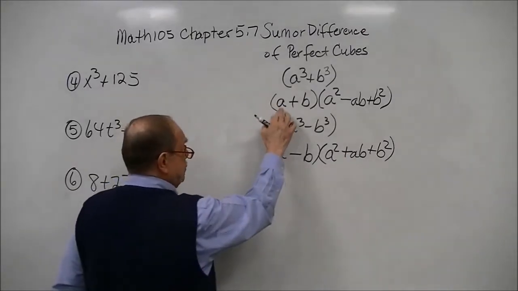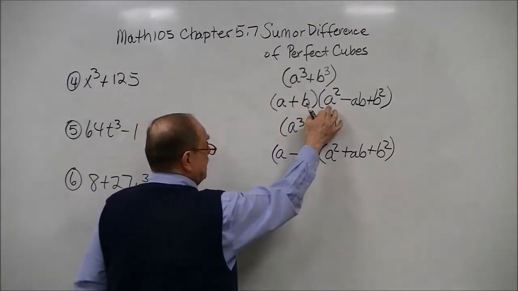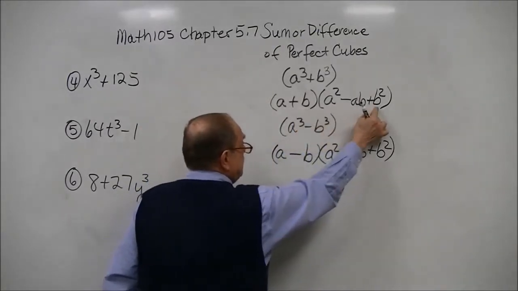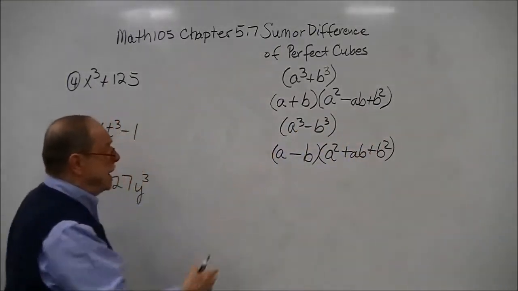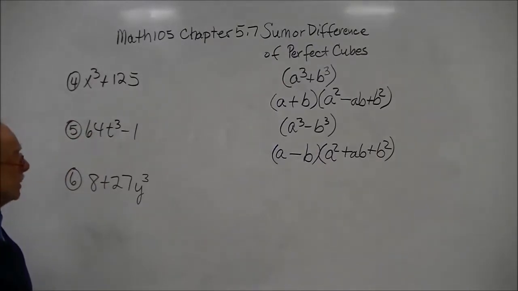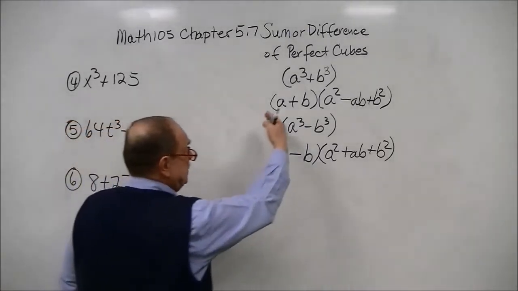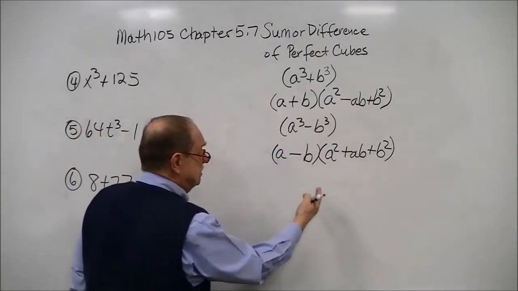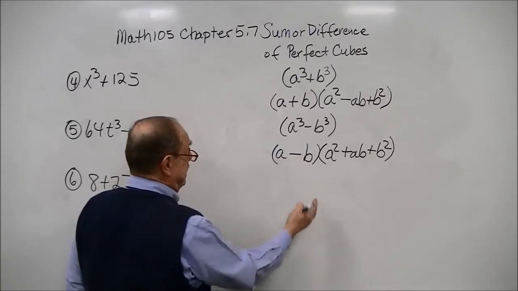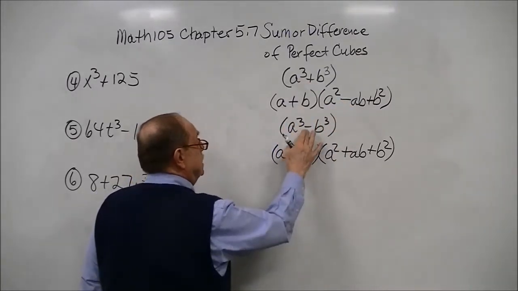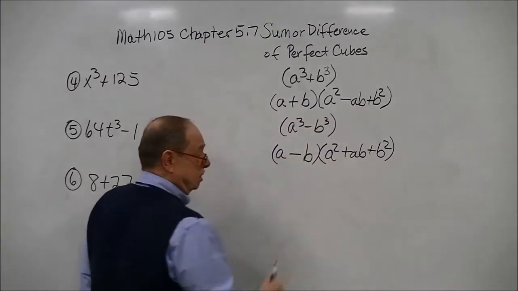And then square your first term. Multiply these, square this term, and there you have the recipe for factoring the sum or difference of perfect cubes. Now you'll notice the results are pretty much the same, it's just the signs. So here there's a plus, there's a minus. Here there's a minus, there's a plus.